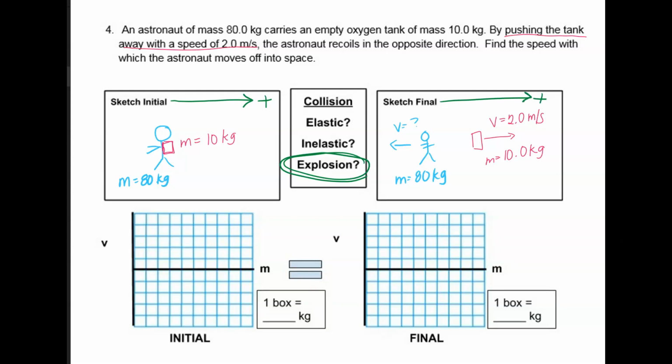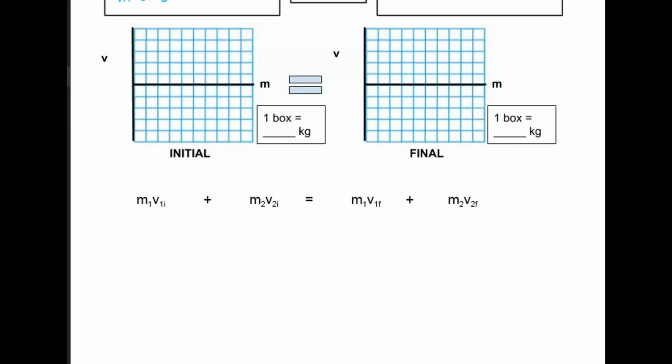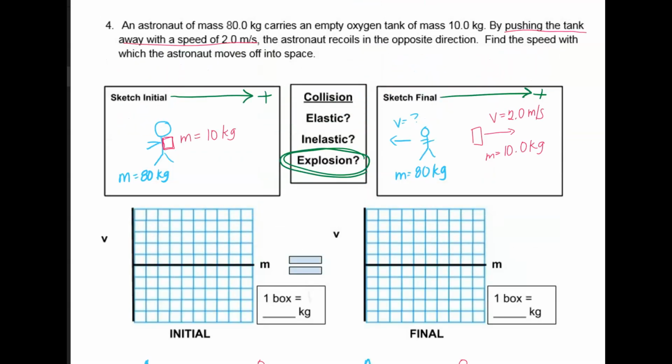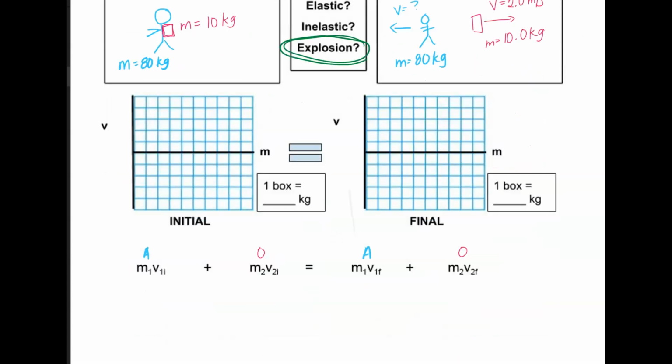So from here, I like to do the algebra part next. I'm going to say this is the astronaut and this is the oxygen tank. So the astronaut will be 1 and the oxygen tank will be 2. In the first part, we can assume that they're just hanging out in space, so the velocity of them will be 0 until they push apart.